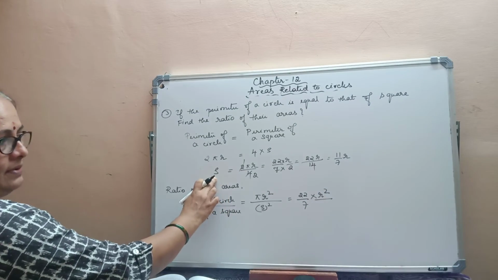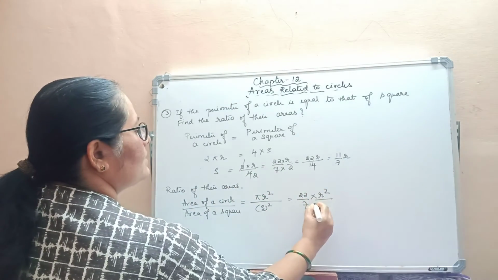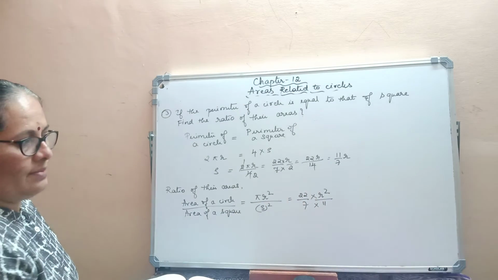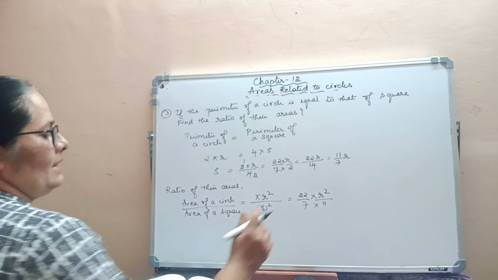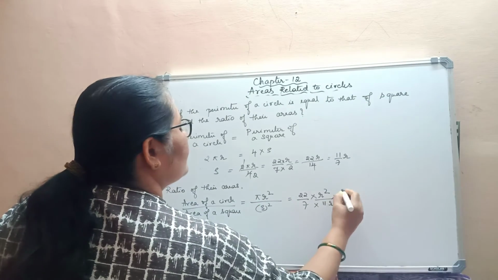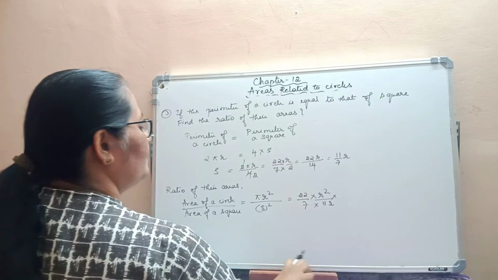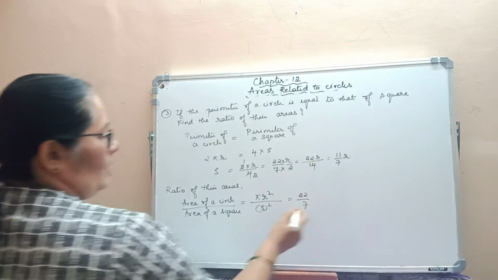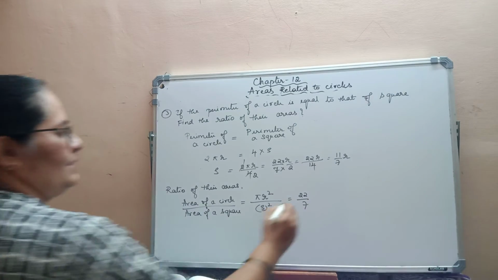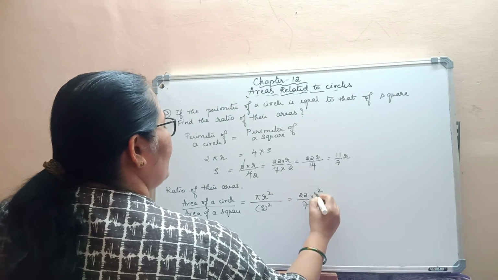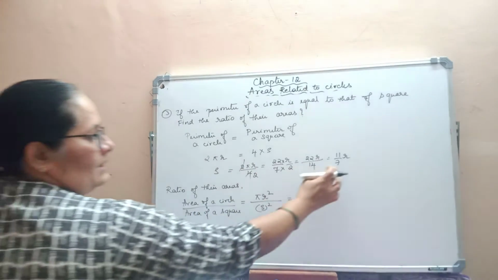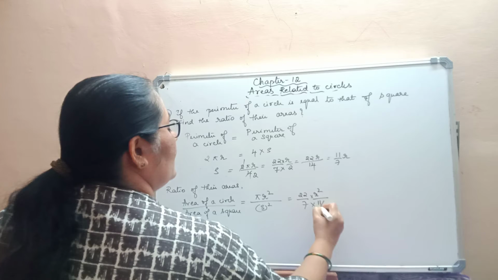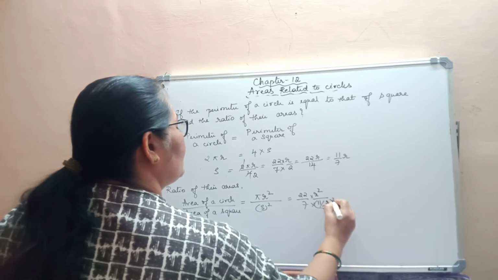What is the side of the square? 11 by 7 r. So pi is 22 by 7 into r square divided by side square, that is 11 by 7 r whole square.